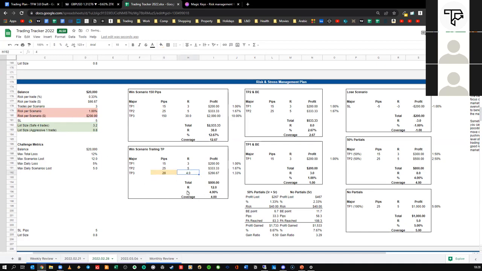So here, if price hits 70 pips, because if you remember, we had a trailing stop loss of 50, it would have hit 70 pips and then retraced back to 20 pips from your entry. If it does do that, you would have got the same amount of money had you closed out at 5R. But yeah, okay, you might say, what was the point?